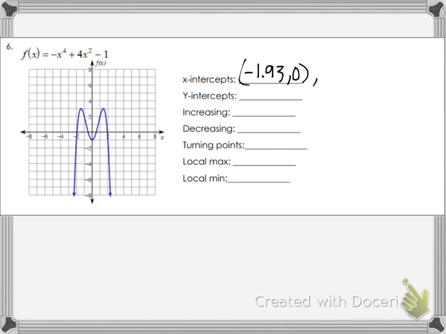Your right bound will be right below the x-axis. And what are we getting for it once we get it? Everyone get 1.93?